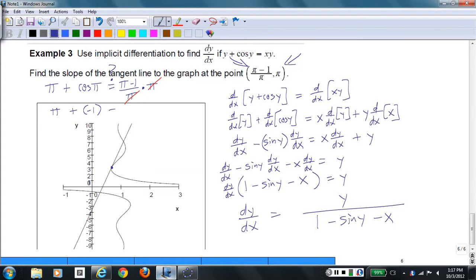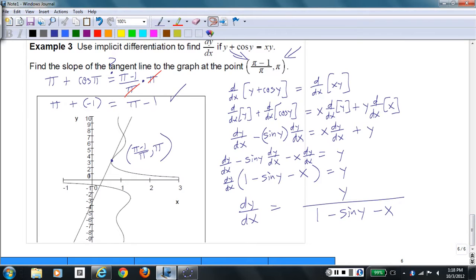I'm thinking so. This equals pi minus 1. So yes, all I'm doing is confirming that sure enough, the point (pi minus 1)/pi comma pi is actually a point on the graph. And it is. So when we substitute pi for y in this expression, and down here (pi minus 1)/pi for x, it will actually tell us the slope of this tangent line.